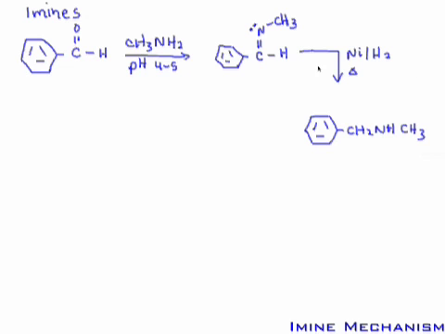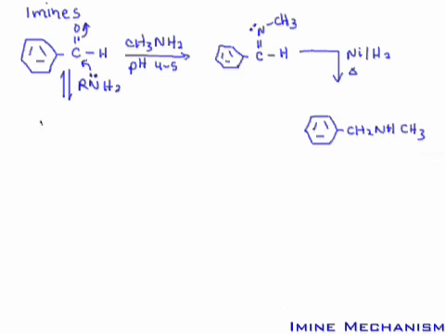Now, the process of the formation of the imine involves nucleophilic attack of the, and I'm going to just use RNH2, upon the aldehyde. Now remember, aldehydes undergo nucleophilic acyl addition.